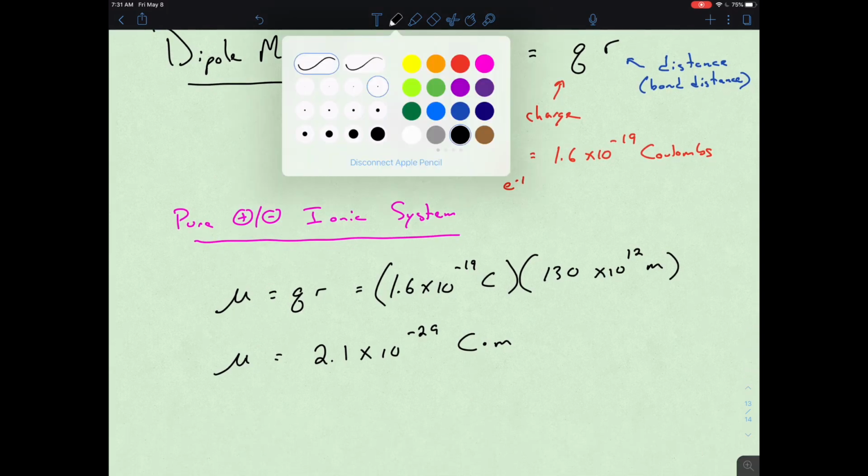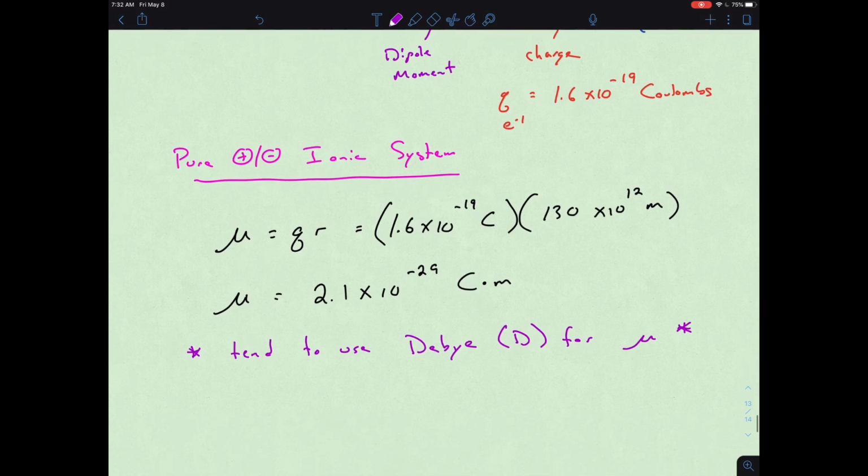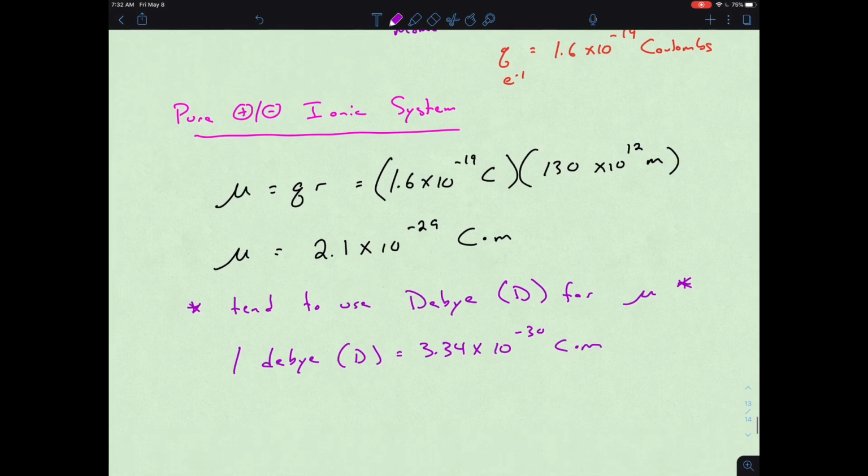Now we tend to use a different unit. We tend to use Debye, or capital D, for our dipole moment. And 1 Debye is equal to 3.34 times 10 to the negative 30th coulomb meters.